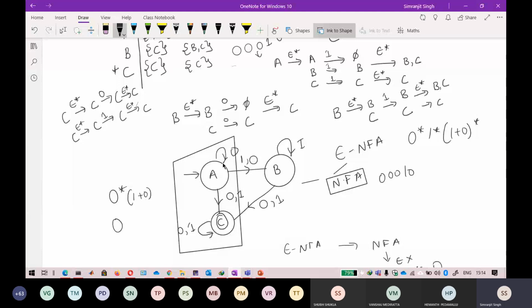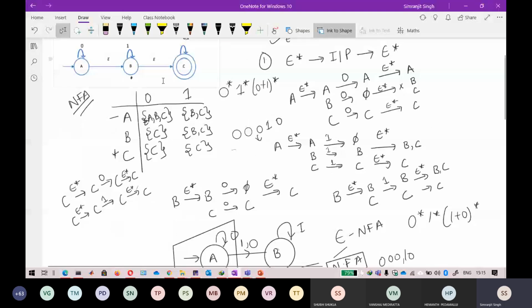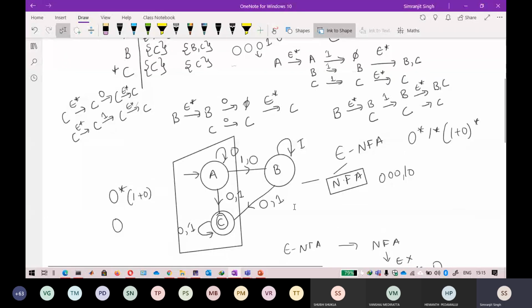So 0 0 0 and 1, so it will reach B on 1, and on 0 it will reach C. Again you can do this 0 0 0 and 1 and 0. Okay, so all the language that is accepted before is again the same language that will be accepted in this also. So it will look a little bit complex, that this thing is not equivalent to this, but if you just give this automata 1 or 3 or 4 strings, you will get this.